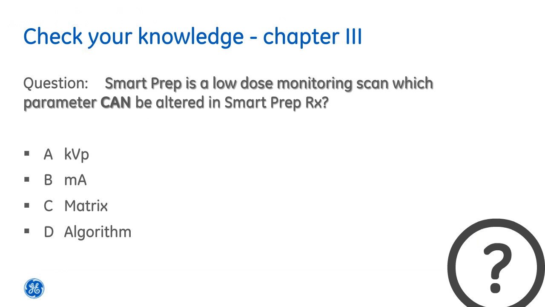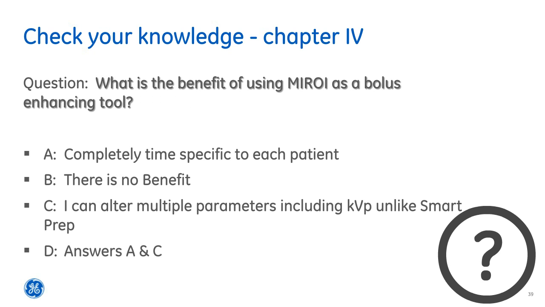The other bonus is that we can also alter multiple parameters. We're not restricted like with Smart Prep. We can alter kV and we can alter mA, unlike Smart Prep.